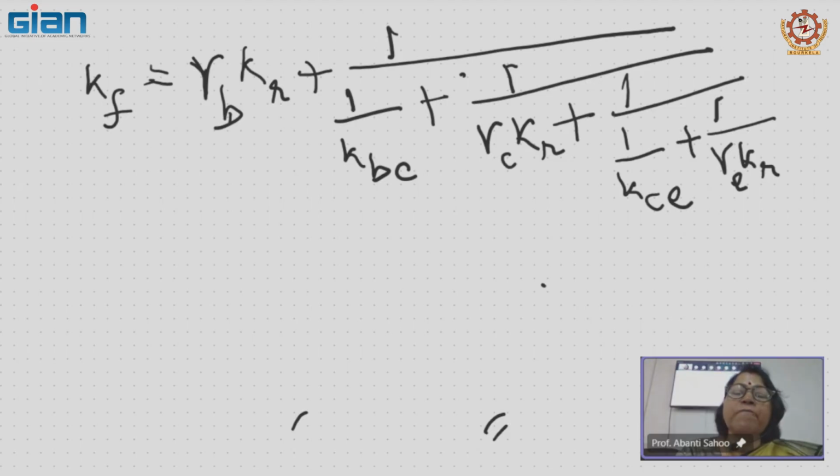So, that is why here BC is bubble to cloud, the reaction rate constant when the gas is moving from the bubble to the cloud. Now, this is the reaction rate constant in the cloud only, K_r multiplied by the fraction remaining in the cloud. And for cloud to emulsion, it is the fraction of gas remaining in the emulsion, gamma_e into K_r. Here, in the bubble, the fractions remaining in the bubble.